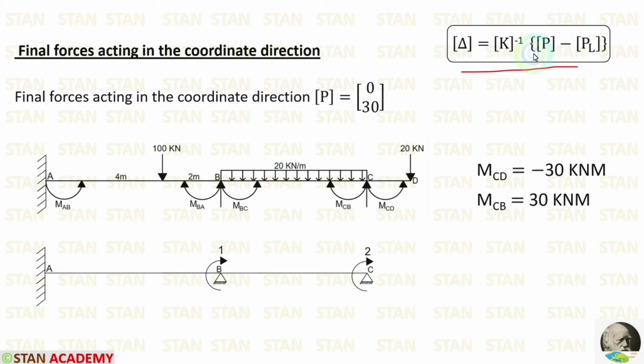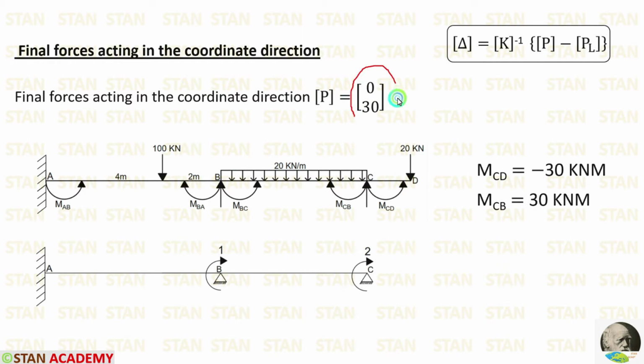In this formula, let us calculate the P matrix. We know that the P matrix is the final forces acting in the coordinate direction. In this beam, we are having an overhanging span. In the overhanging span, we are having a point load 20 kN. By using the point load and the distance, we have calculated MCD. Then we calculated MCB. So in the point C, we have already calculated the final moments.